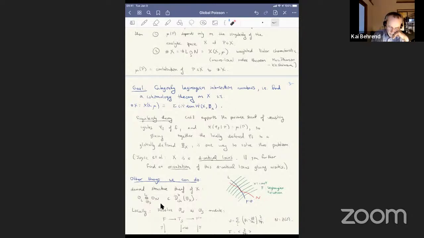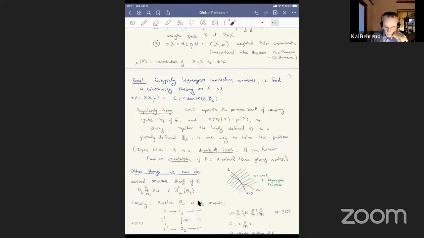That's an object in the derived category of O_X modules, and it's actually in the bounded derived category with coherent cohomology. So that's a nice object in this derived category. But I want to be more concrete, so I want to explain what this object in the derived category actually looks like locally.